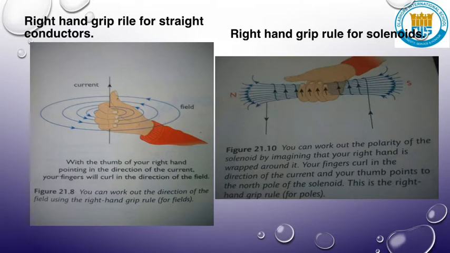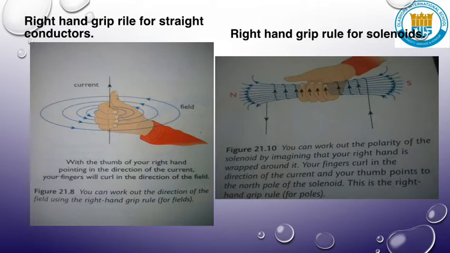Your pen being a conductor now. So, if your right thumb points in the direction of the current flowing through a straight conductor, the other fingers will curl in the direction of the magnetic field around that conductor. That essentially is what the right-hand grip rule is.